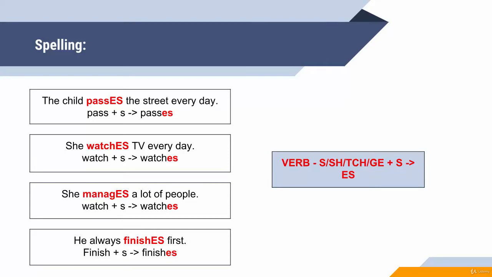When the verb finishes in S or SH or TCH or GE, then you need to add e. S only is not enough. And you pronounce it in a different way. Passes, watches, manages, finishes.